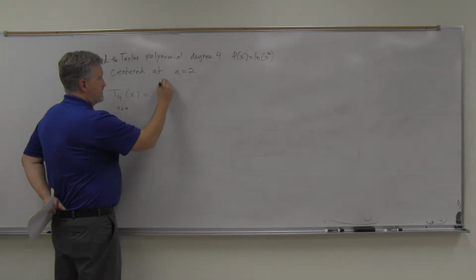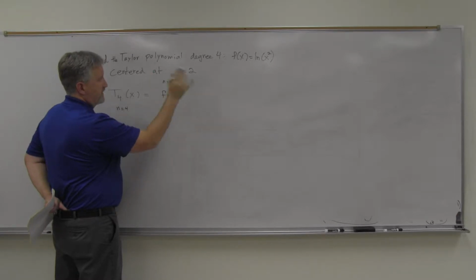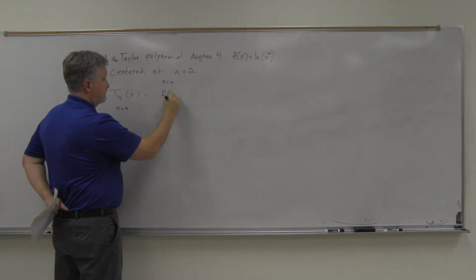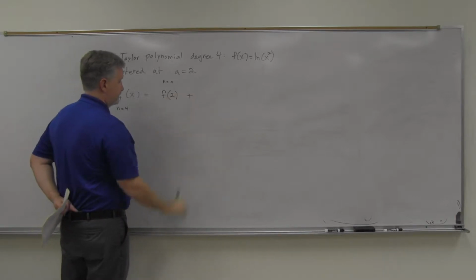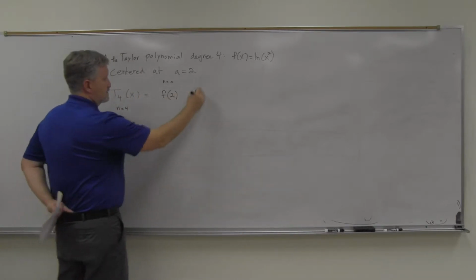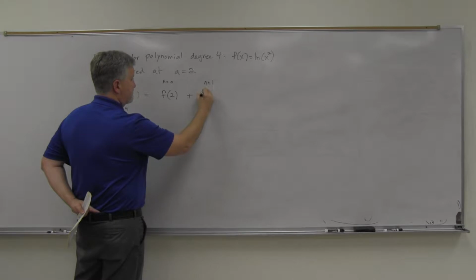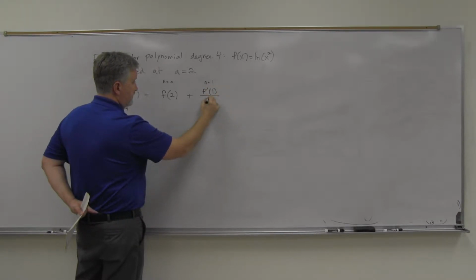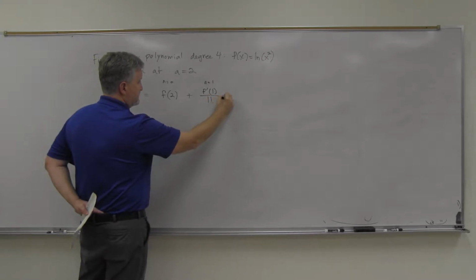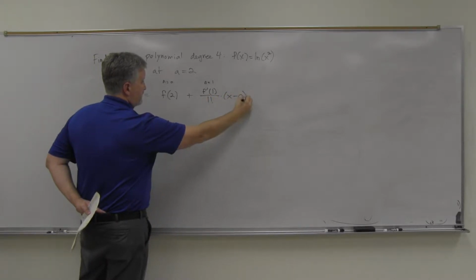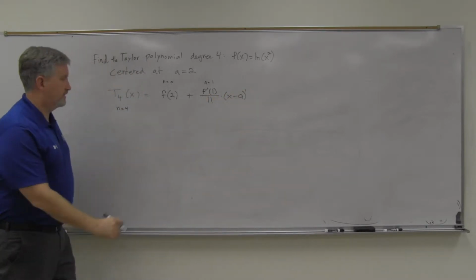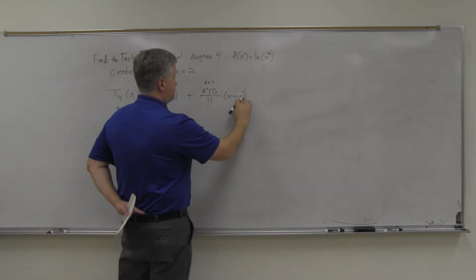So at n equals 0, that's just the function value at a, which in this case a is 2. So do f of 2. Then n equals 1. Well, that's the first derivative at a, divided by 1 factorial, times x minus a to the first, so x minus 2.